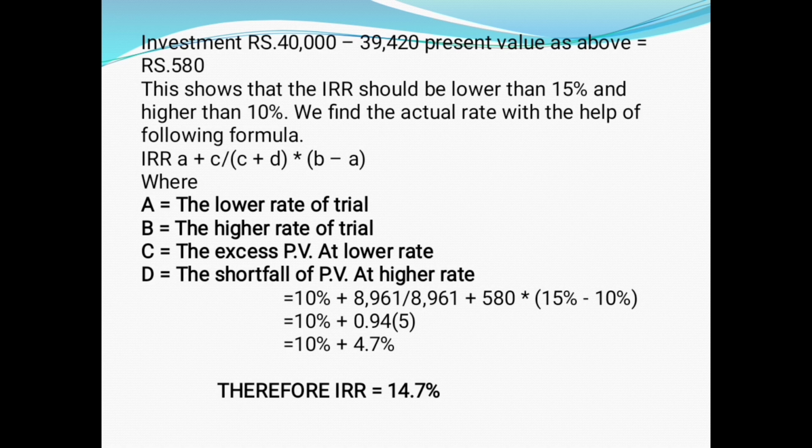That is 10% plus 8,961 upon 8,961 plus 580 into 15% minus 10%, which is equal to 10% plus 0.94 into 5. The last step is 10% plus 4.7%. Therefore, the IRR is 14.7%.